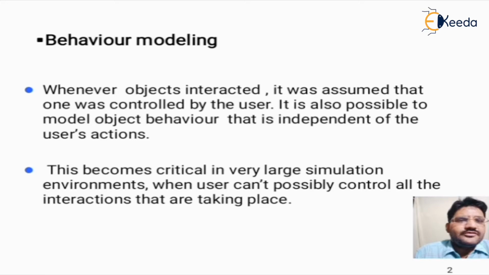As we know, whenever an object interacted, it was assumed that it was controlled by the user. It is also possible to model object behavior that is independent of the user's actions.